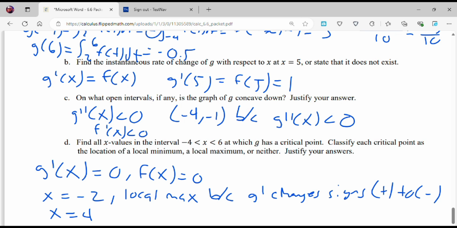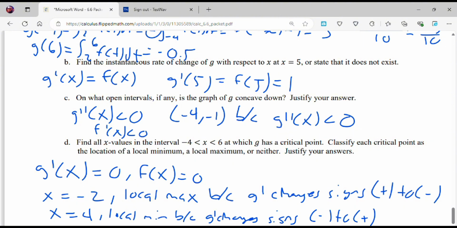And then at x equals 4, our graph goes from negative to positive. So this would be a local min at 4, because g prime changes signs from negative to positive.